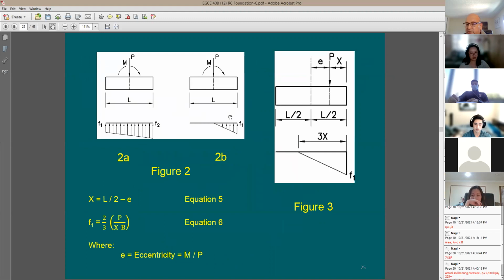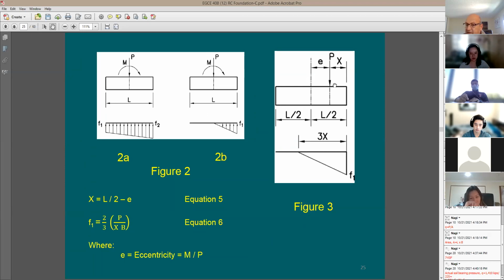Let me show you here what happened in case B. If the stress due to moment is higher than the stress due to the axial load, the footing is going to start to lift up and you lose the contact between the footing and the soil, like in this case. If you remember this P and E, we went through this in columns. We're going to have the same thing here.